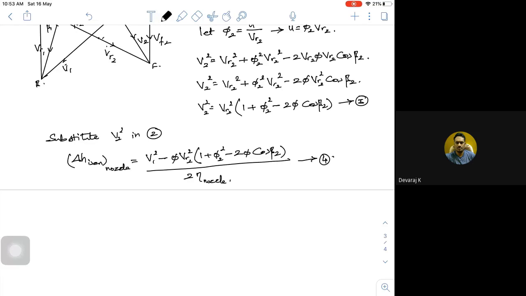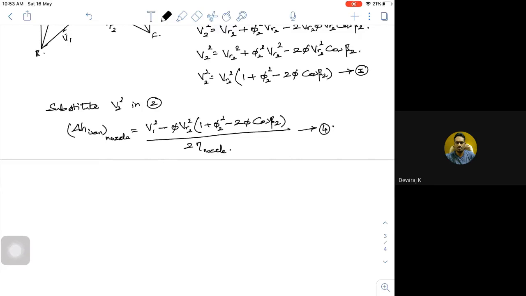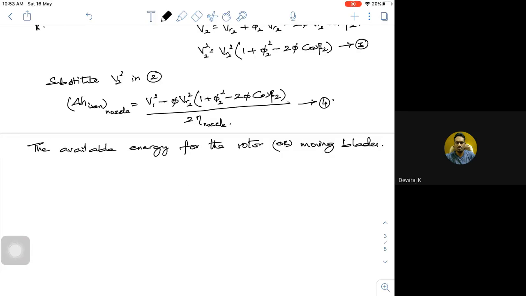Now, what is the available energy for each row of moving blades or rotors? See, the available energy for the rotor or the moving blades, what is available over there? If we consider the carryover coefficient, it will be with respect to relative.